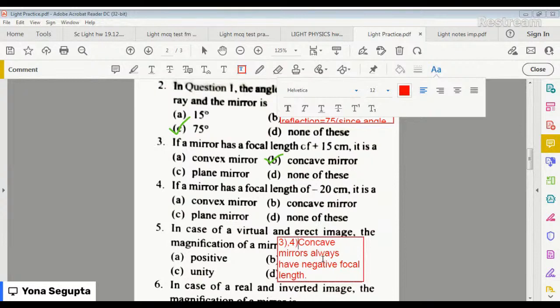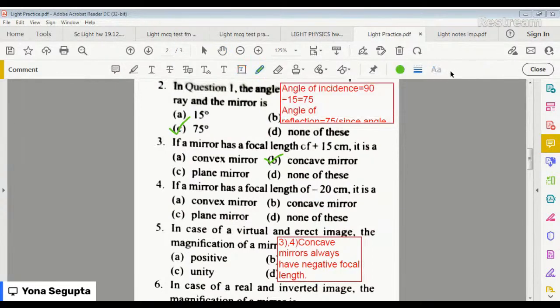What will be the answer? It will be a concave mirror here. Concave mirror again. Why are both explanations similar? As we know, concave mirrors always have negative focal lengths, right?